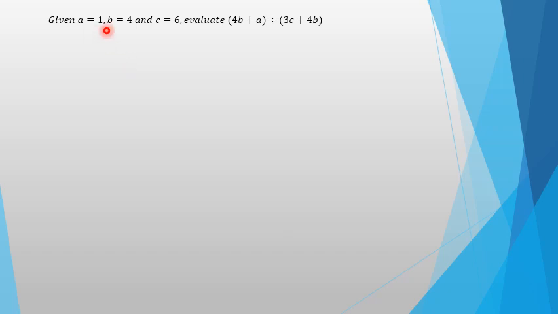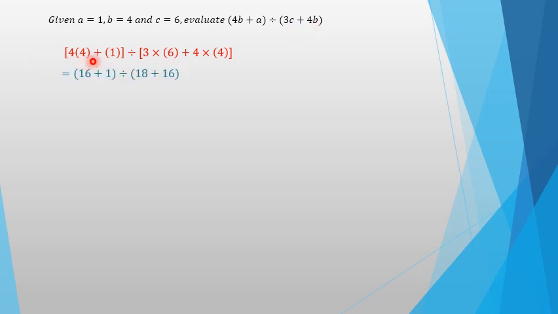Given A equal 1, B equal 4, and C equal 6. Evaluate 4B plus A divide by 3C plus 4B. Okay? Again, as we did before, we have 4 times 4 plus 1 divide by 3 times 6 plus 4 times 4. Here we have 4 times 4 is 16.